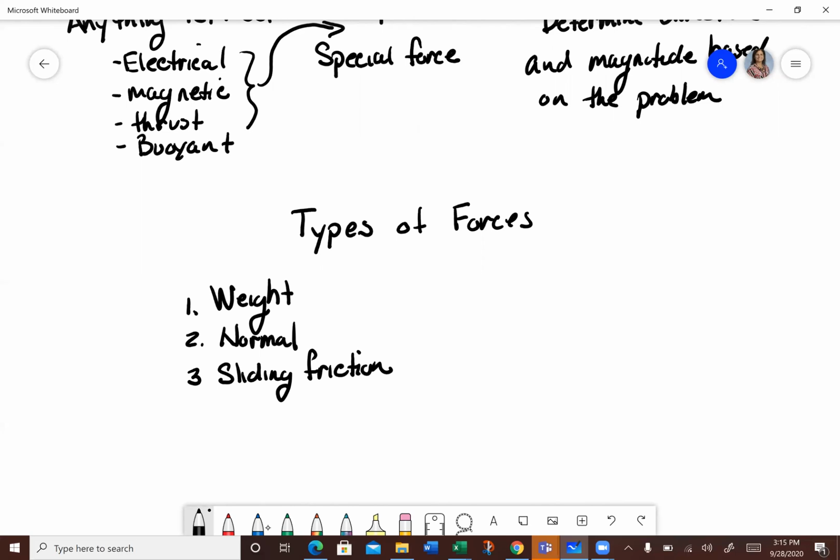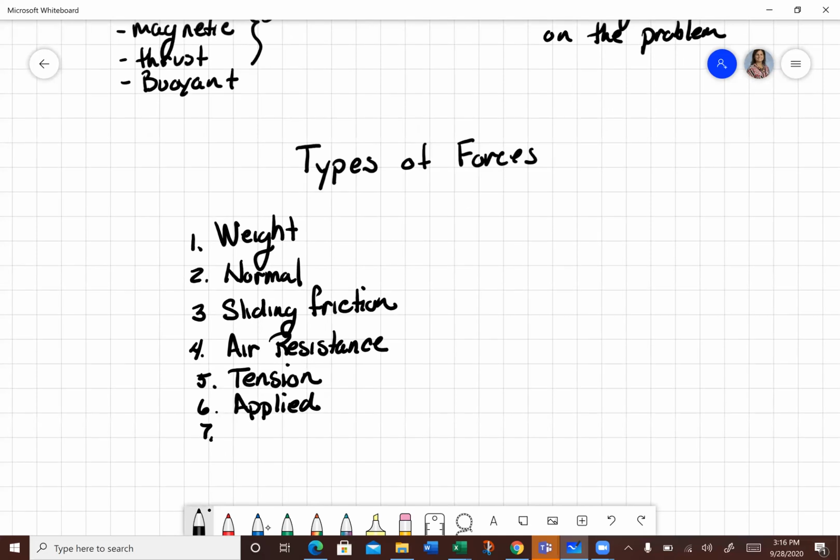And we'll do a whole lab on sliding and static friction. Static is when it wants to slide, but not quite sliding. Sliding friction is when it is actually sliding. But overall, that friction, air resistance, tension, applied force, and then any other special forces.